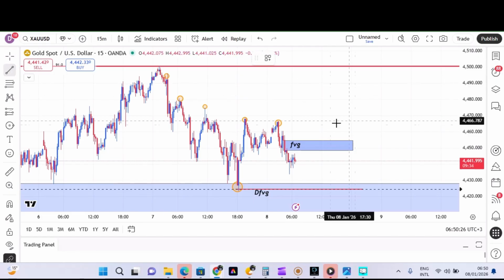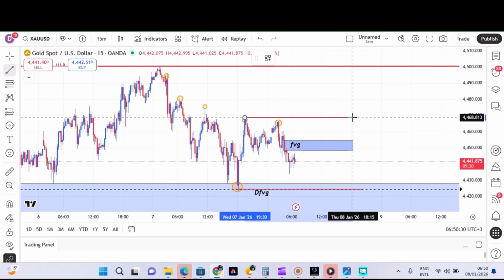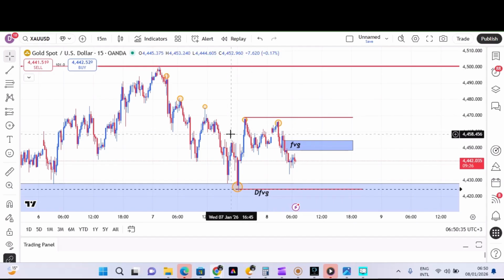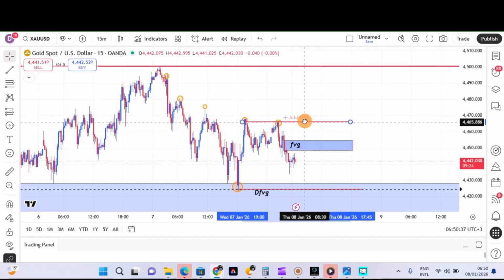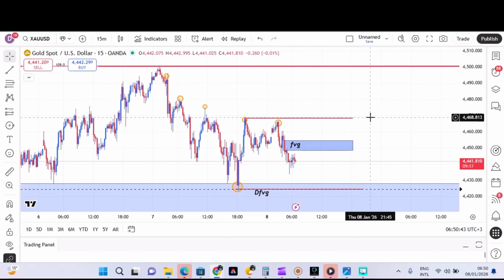Let me just mark this so that we can have a psychological resistance. Yes. Now this zone, the market has rejected it, or it has respected it. Let me use the word respected it. This zone, this price, 44.68.